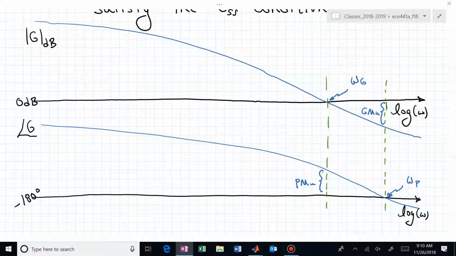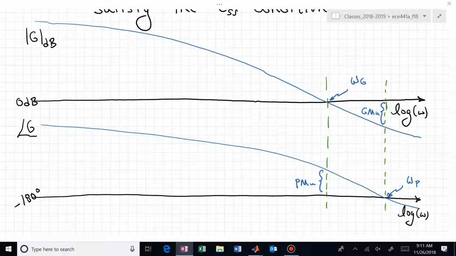And the phase lag controller says, but I'm okay slowing the system down. Slowing the system down really means that I can make that omega sub g occur farther to the left, or at a lower frequency than it currently is appearing.